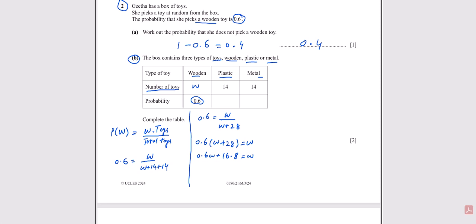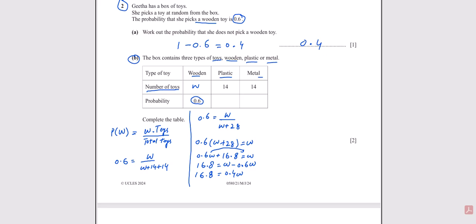So 0.6W shifted to this side, the remaining is 16.8 is equal to W minus 0.6W. Subtract these values. 16.8 is equal to 0.4W.